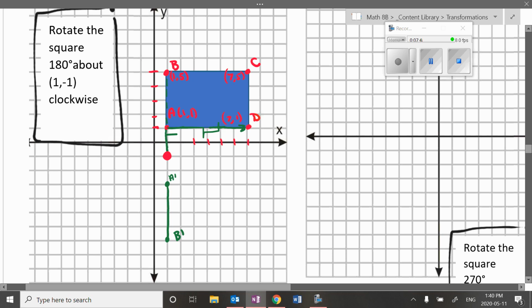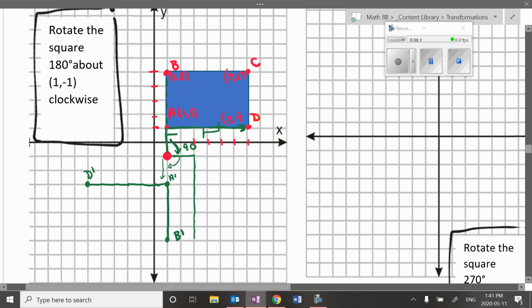Up 2, and then 6 to the right. So then if I turned that arm, it would end up being 2 over and 6 down. But that's only a 90-degree turn. So then I have to go another 90. So now I'm going to go 2 down this way, and then my arm's going to go over 6. So that's my D prime.